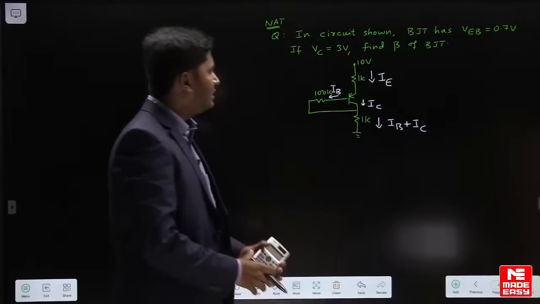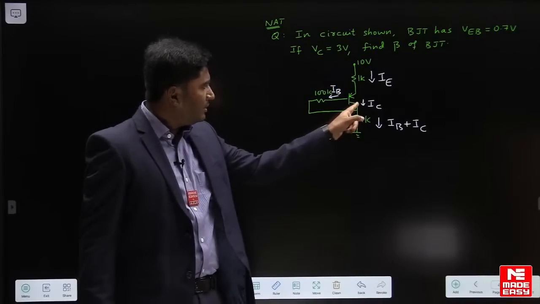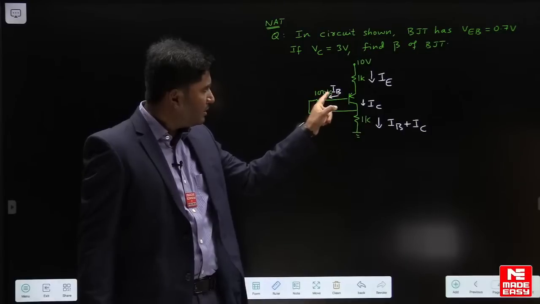I have used KCL here, collector current coming from here and base current is coming through this path.